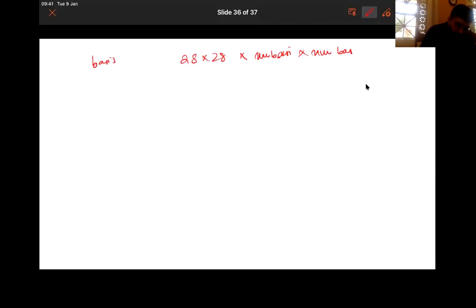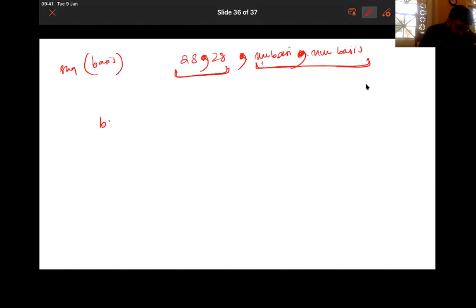Okay, and I want to group these two together and group these two together. In fact, let me write it with a comma, not with product. This is my shape of bases. So I want these two along the columns and these two along the rows.